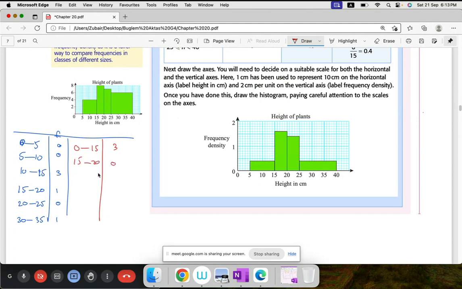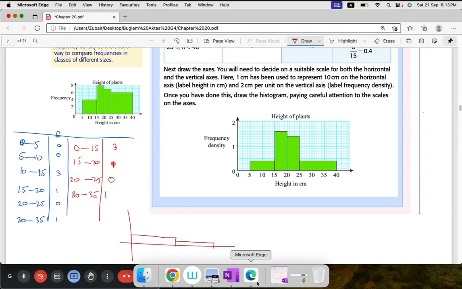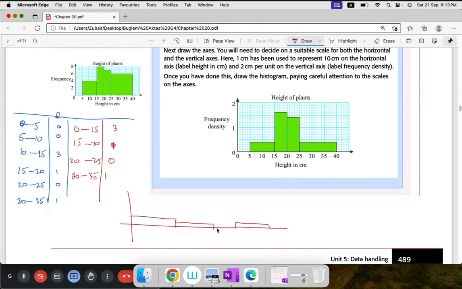If I consider this in red, 15 to 20 is 1, 20 to 25 is 0, and 30 to 35 is 1. If I draw this histogram, first 0 to 15 is giving me 3, then 15 to 20 is giving me 1, and then the last 20 to 25 is giving me 0. So that's a gap, that's a break. And maybe I want to break this gap.